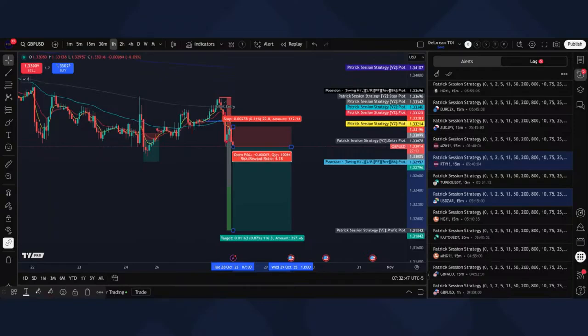Entry at 1.33005. Stop at 1.33283, 28 pips. And take profit at 1.31842. That's 416 pips.